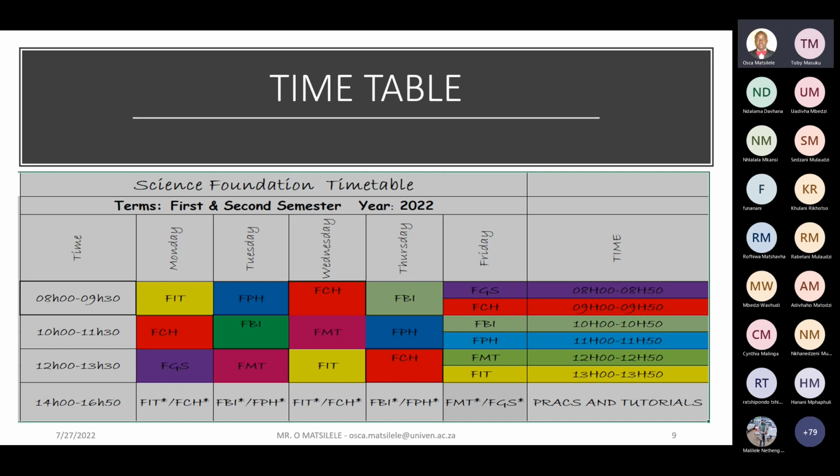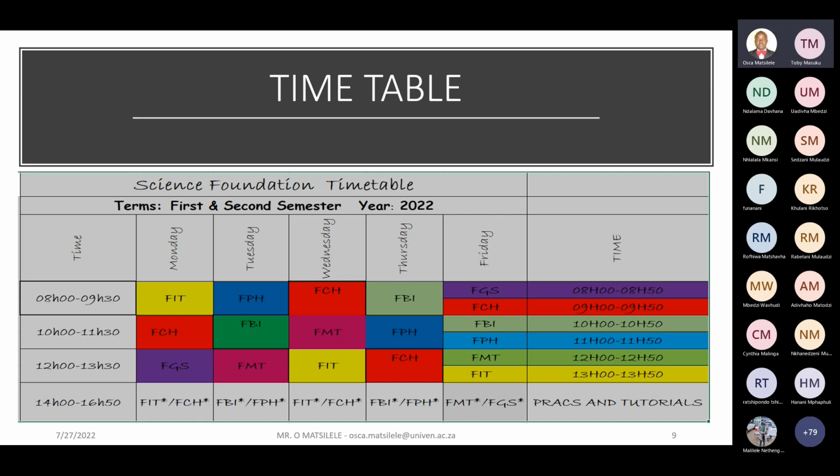Because we have the other time for practical, from 14 hours to 16:50, which is 2 to 10 to 5, the first class, which is A, will attend from 8 to 10, and the other group on Monday will attend from 2 to 10 minutes to 5.